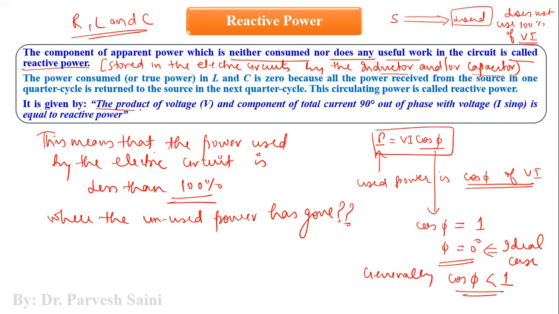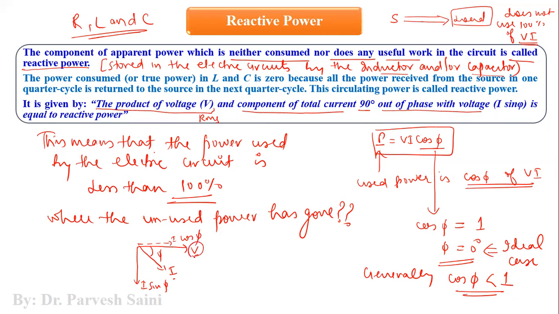It is given by the product of the voltage, which is the RMS value, and the component of total current which is 90 degrees out of phase with the voltage, and that current was I sin phi. So if you come to the same concept, the phasor diagram, current is lagging the voltage by phi. Current is resolved in two components, I sin phi and I cos phi.